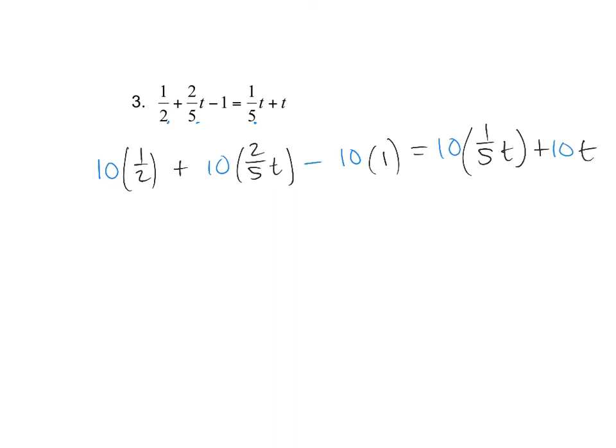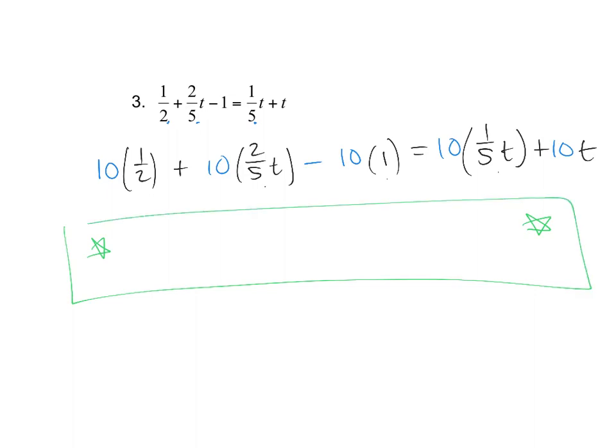Okay, and now your next step is to simplify each of these fractions, and in your next step right in here, you should have an equation with no fractions at all because we cleared the fractions, and the way we do that is to multiply everything by the common denominator. Alright? Okay, so go ahead and pause the video and see what you come up with on this one.